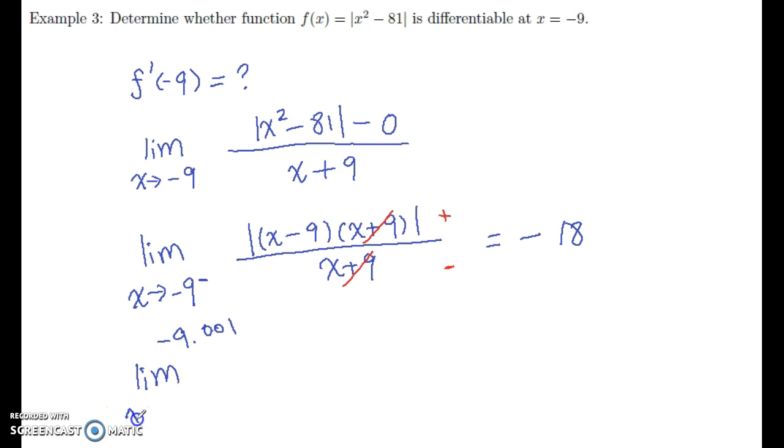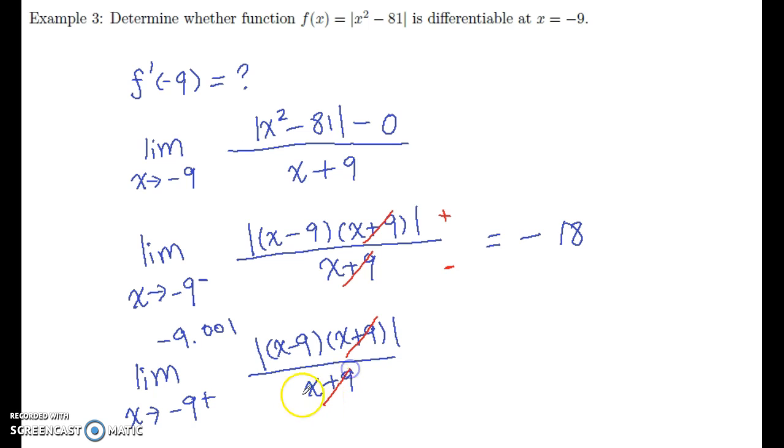The limit as x approaches −9 from the right: on the top we still have |x − 9||x + 9| when we factor. In the bottom, x + 9 still cancels, but x approaching −9 from the right is a little bit more than −9, like −8.999.